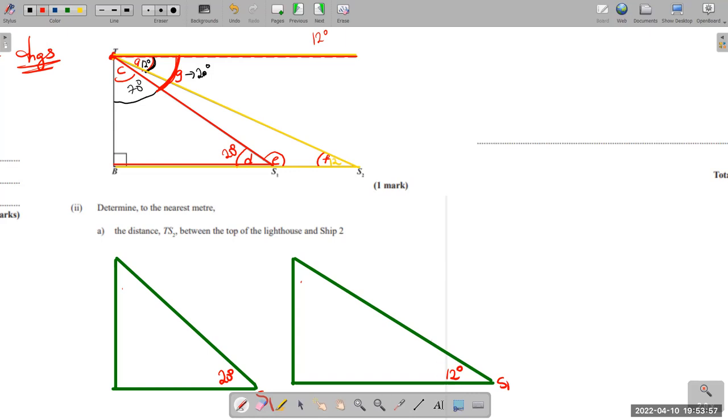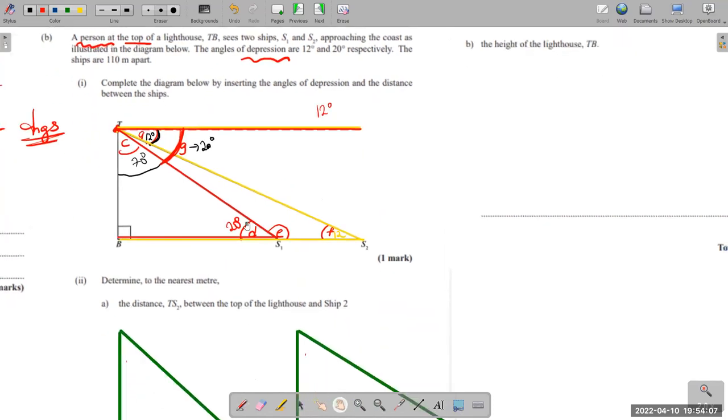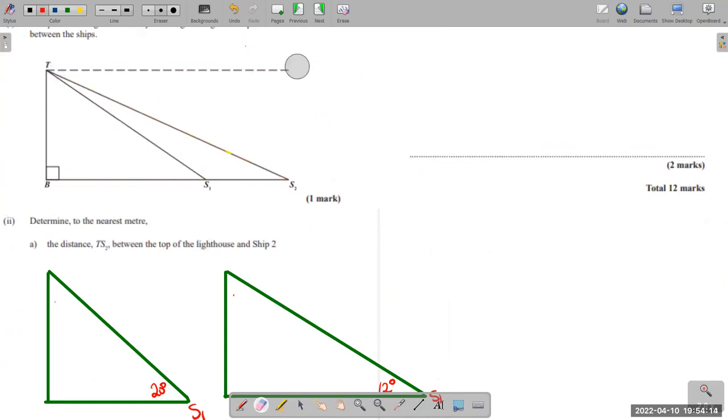All right. So let me go back up. They gave us some distance here. They said these ships are 110 meters apart. This is a great thing. Let me erase all of this now. Where would I put 110? Let me just put back in 20 here, 12 here.